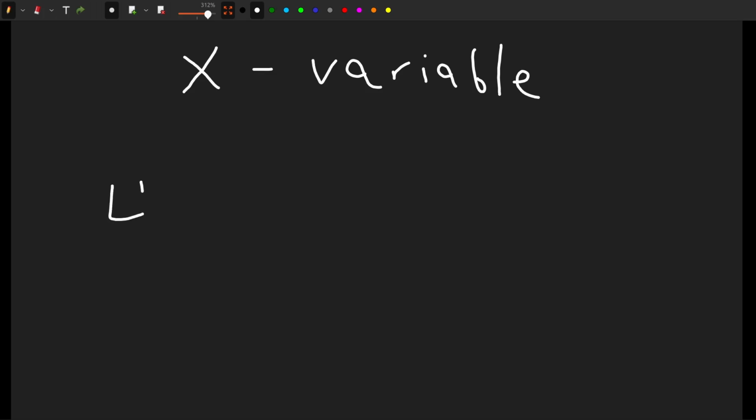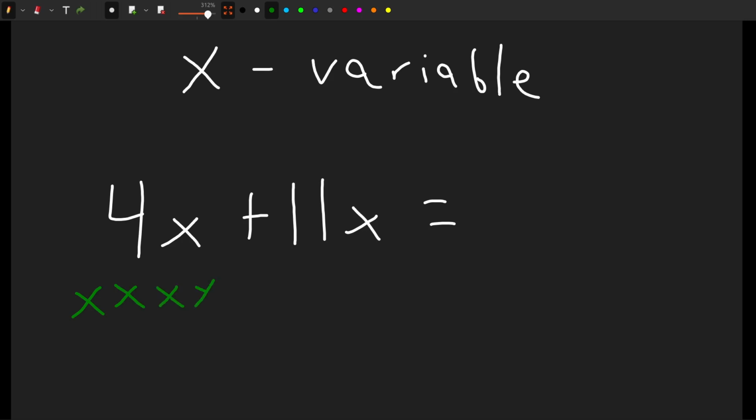Suppose I have 4x plus 11x. This is effectively 4 little x's plus 11 x's over here. 2, 3, 4, 5, 6, 7, 8, 9, 10, 11. I can then add them all up and get 15 x's.